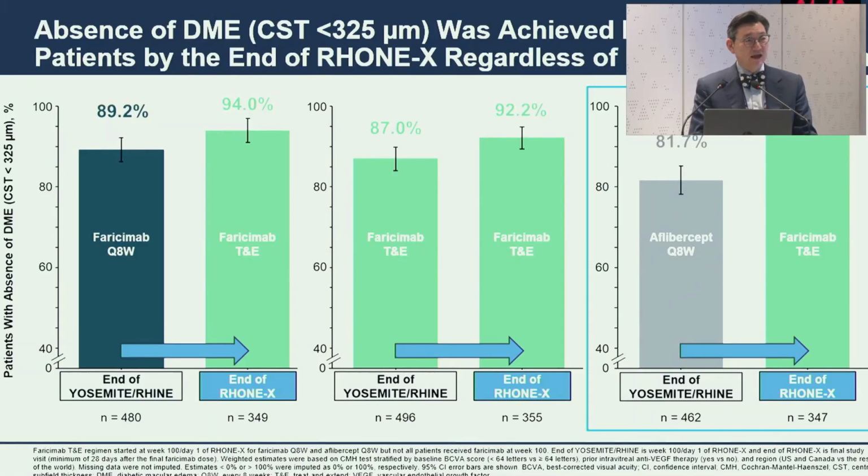If we look at the anatomy here, the absence of DME, which is less than 325 microns, was achieved in over 90% of patients by the end of the study, regardless of the treatment arm. And if we look at the box on your right-hand side, the aflibercept group improved from around 82% right up to 95%.